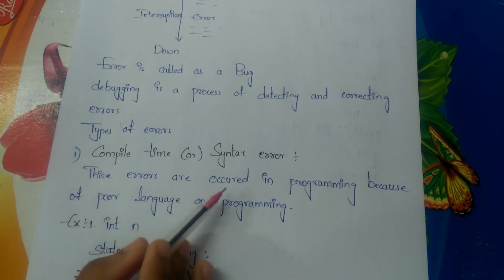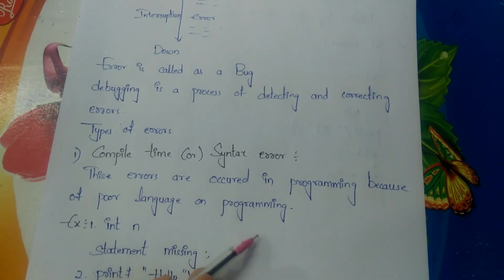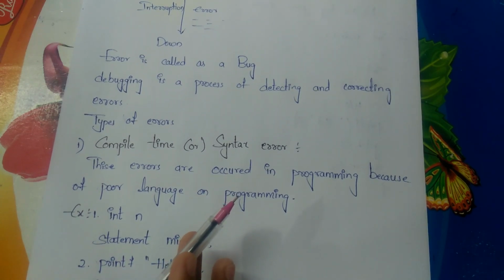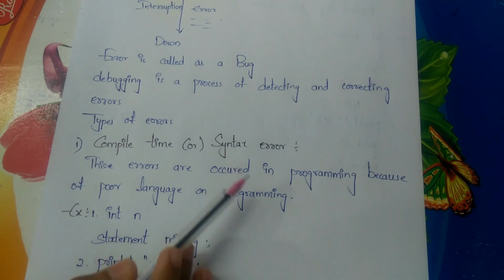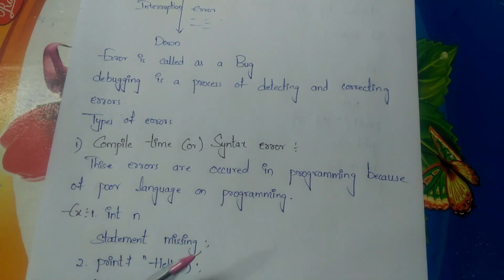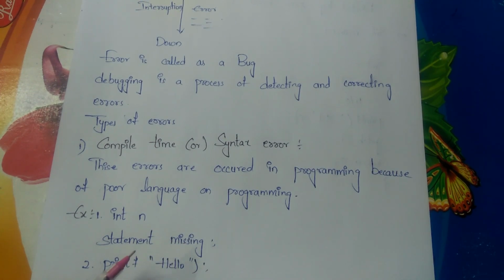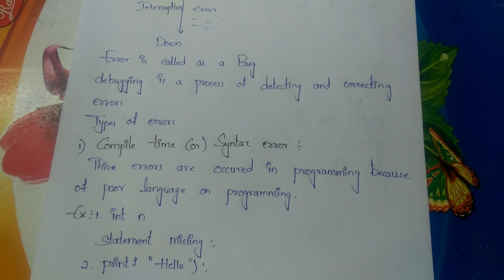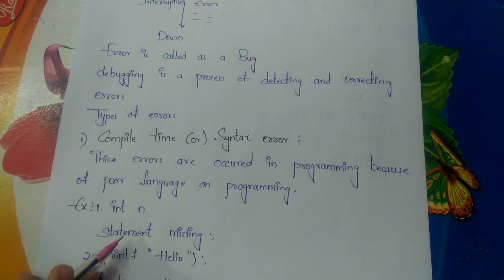These errors occur in programming because of poor knowledge of the programming language. These are just simple things, like a semicolon or the declaration of a variable. Because of poor knowledge of the language, these errors occur, and those are called compile time or syntax errors.